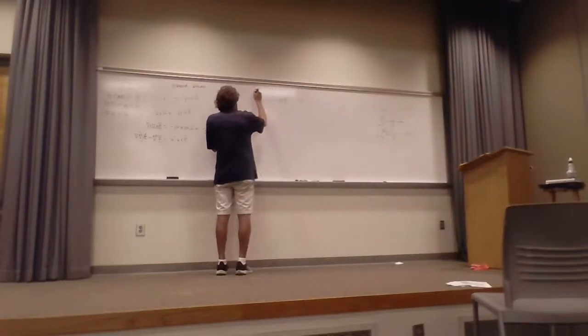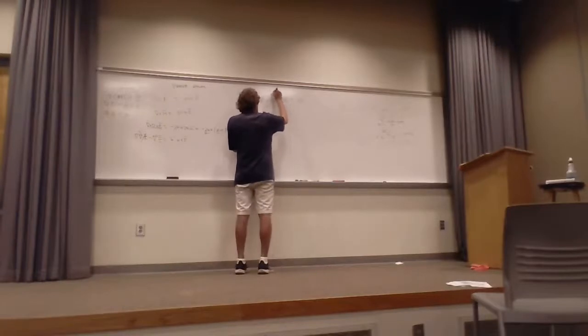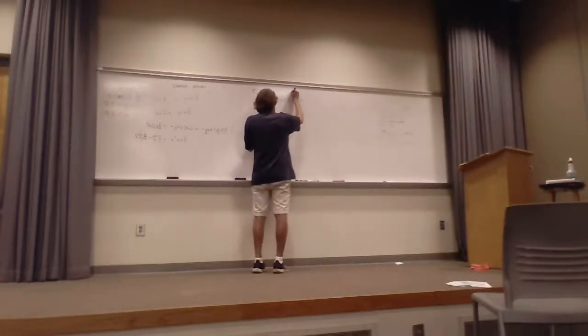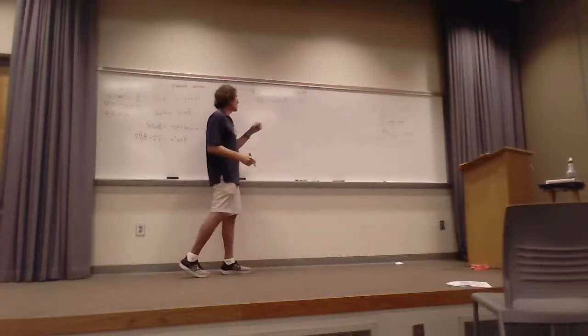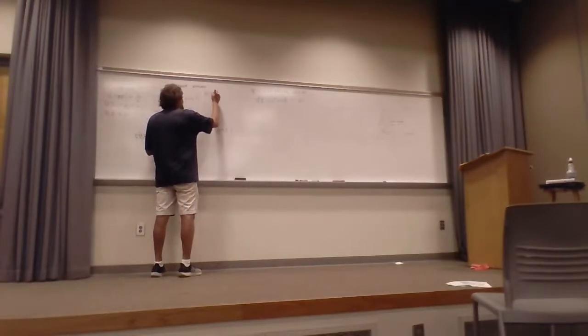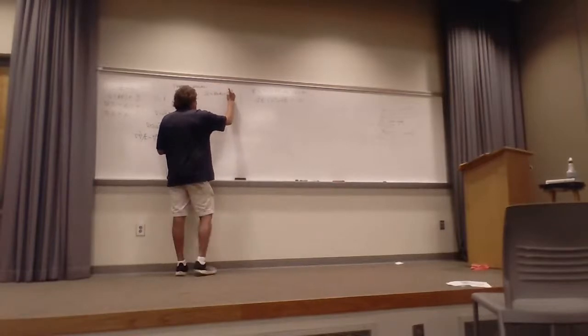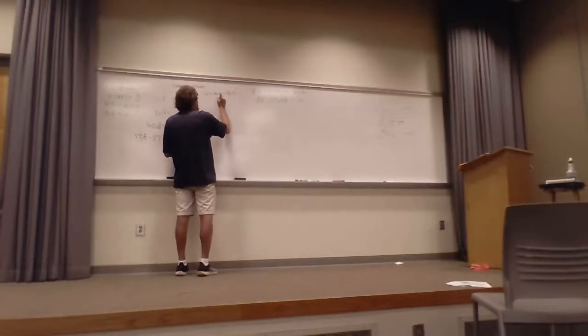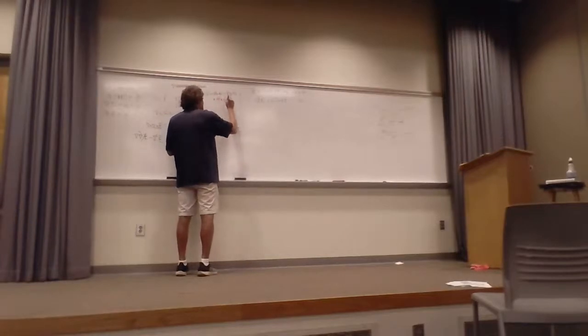Now, in general, we have E equals some Ex a_x plus some Ey a_y plus some Ez a_z. And the same thing would go for H. You would also have an H in general that would be equal to Hx a_x plus Hy a_y plus Hz a_z.